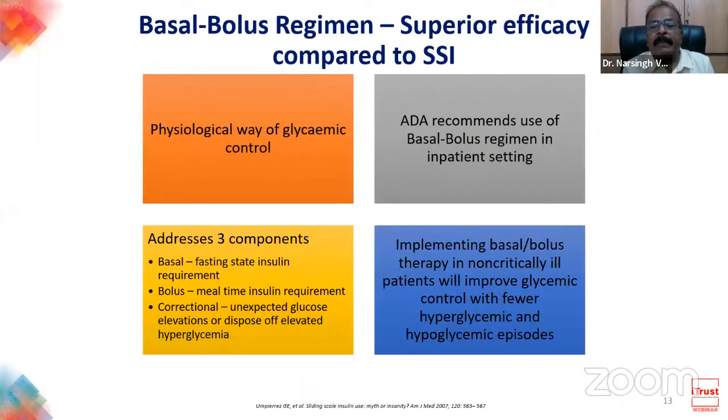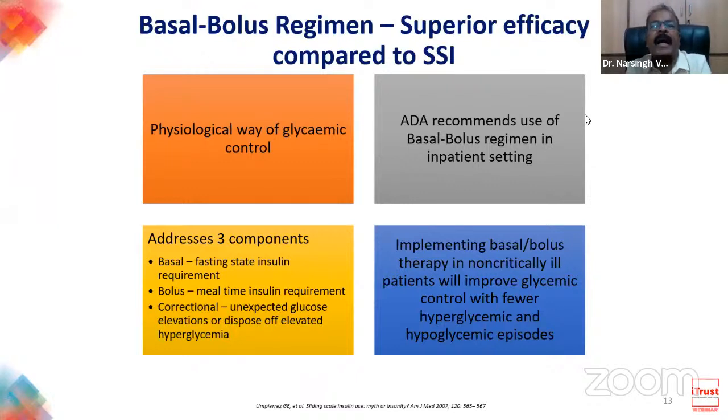The basal bolus regimen has definitely superior efficacy compared to SSI. And here the physiological way of glycemic control is there, and it addresses three components: the basal fasting state insulin requirement, which in a healthy individual is almost 50%. That 50% requirement is met only by the fasting state basal insulin. And bolus depends upon the meal time and the meal size, but the mealtime insulin requirement and correctional insulin for unexpected glucose elevations address hyperglycemia.